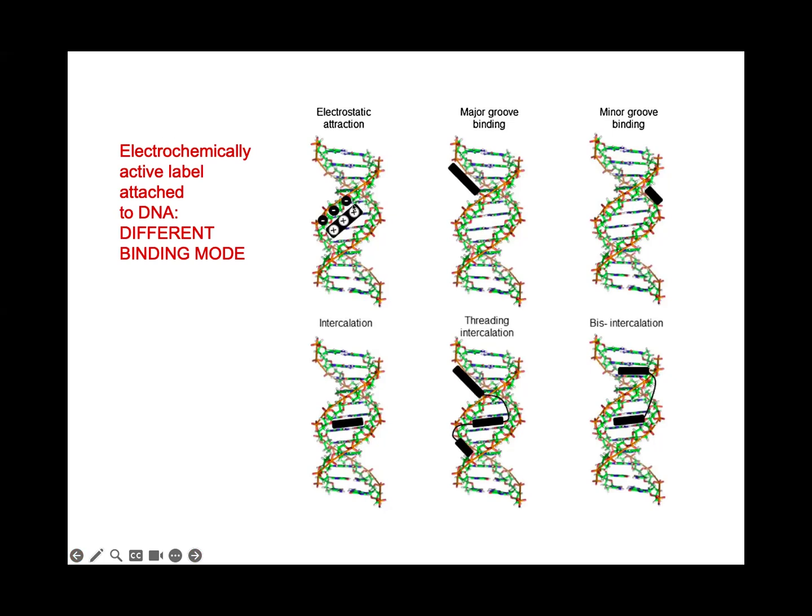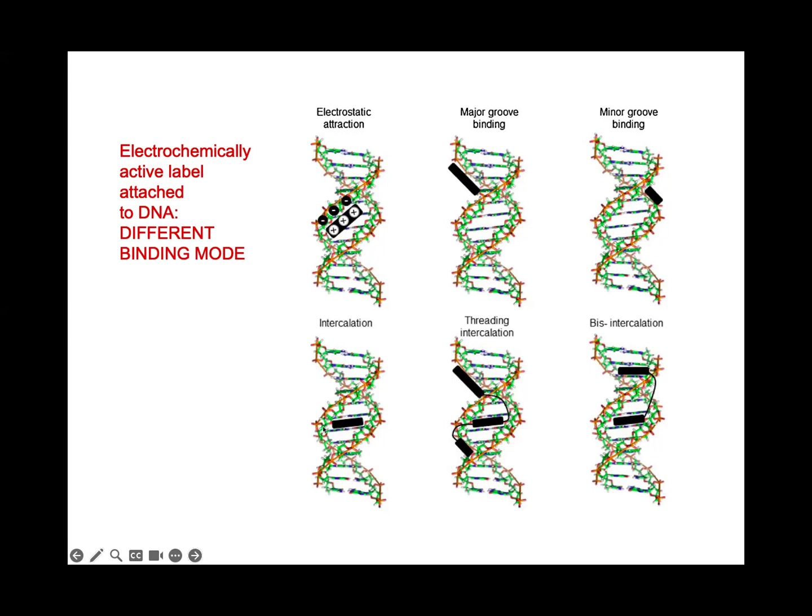The electrochemically active compound is what we call an intercalator. Why? Because the process is that it intercalates into the spaces between the bases here.